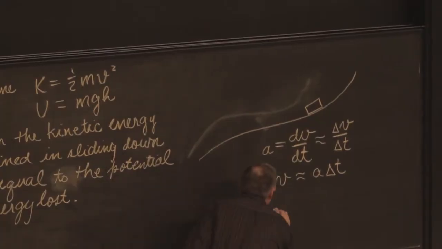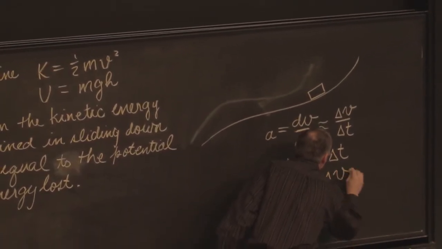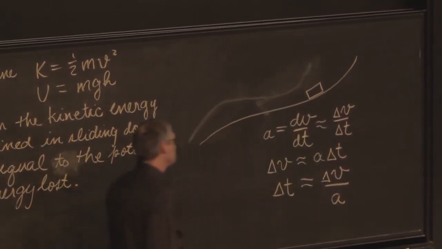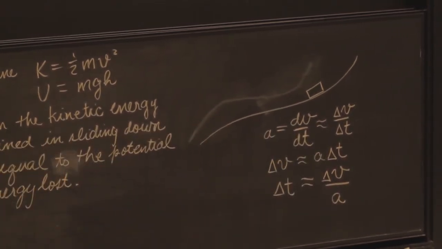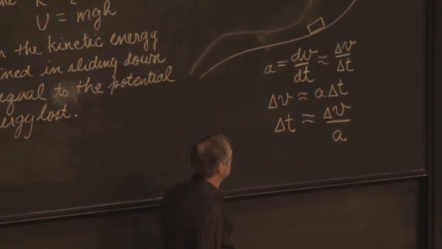Or delta t is about the change in the velocity divided by the acceleration.